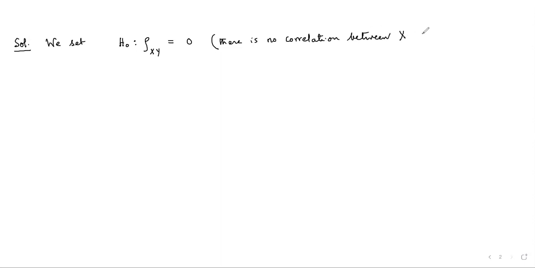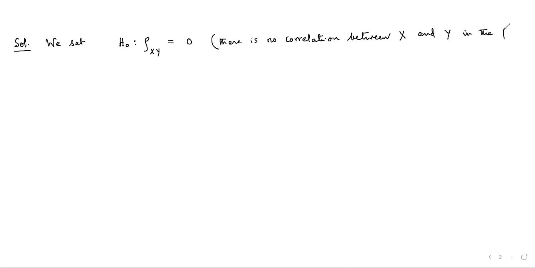So first of all, we set our null hypothesis as follows. We set H naught, and in the null hypothesis, we are setting that the population correlation coefficient between X and Y is 0. That means there is no correlation between X and Y in the population.